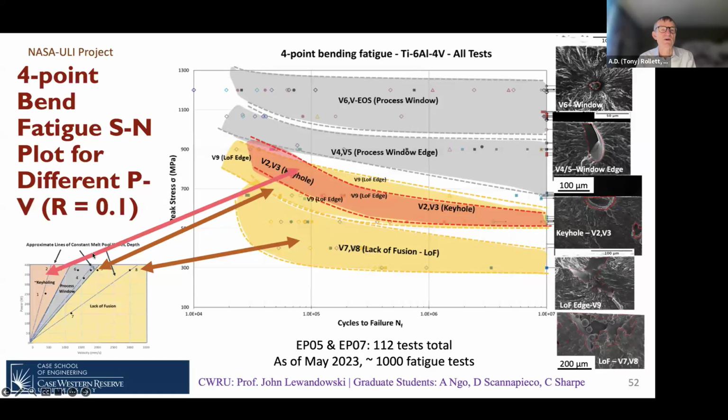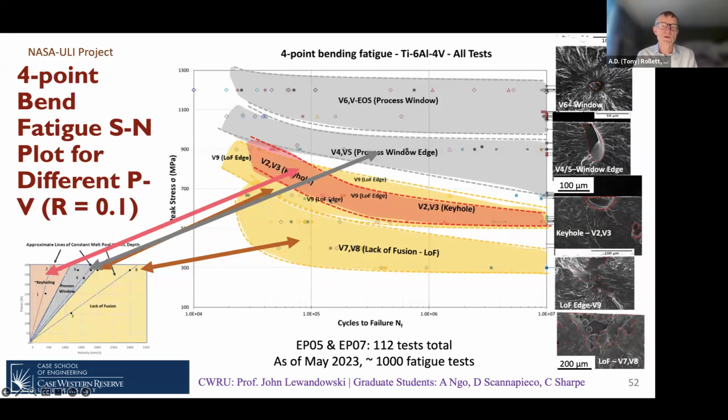When we looked at the keyhole range, that was actually fairly similar to what we see close to the edge of the lack of fusion zone. And again, I'm talking quickly and assuming a lot about your knowledge of printing, but because of the pores being nicely spherical, they had a less bad effect on the fatigue.